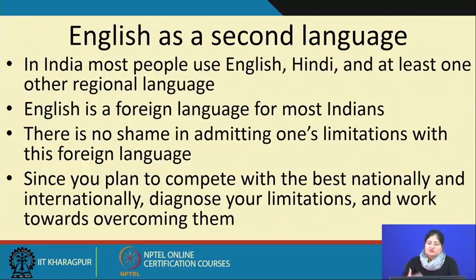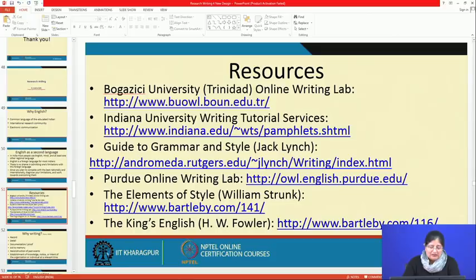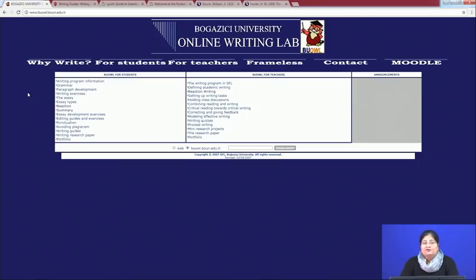So we acknowledge all of these things and we move towards learning how to write and how to use the language properly. Some resources that I can refer you to are these. Let me show you. Bogazici University's online writing lab, which I selected because it is especially for students who use several other languages.